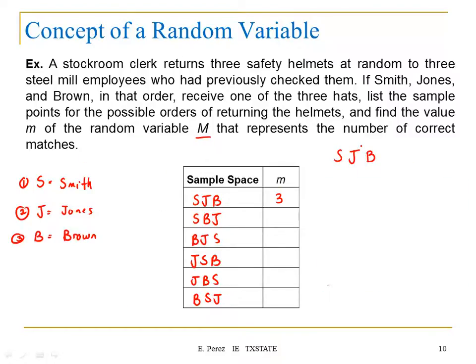For the second one, we only have 1 match, 1 match, 1 match, and then 0 and 0. So if you were to define that random variable, which represents the correct number of matches, then these are the possible values for that random variable.